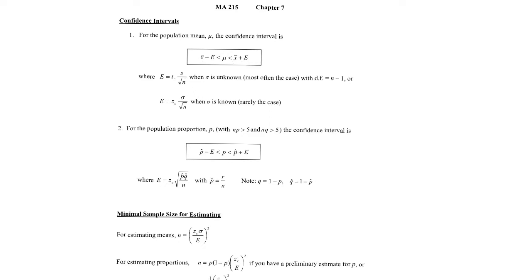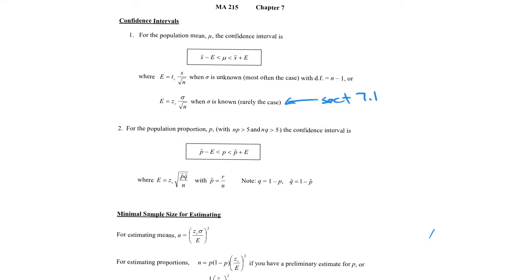The only difference is that section 7.1 is when we know sigma, which we mentioned in the 7.1 video. It's not very often that that's the case in practice, but it's the easier one to understand, so it's typically studied first. What is more often the case in practice is when sigma is unknown.